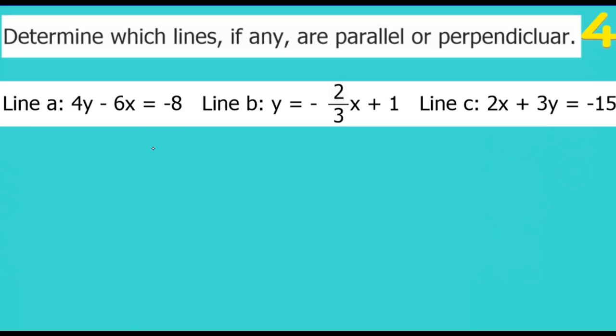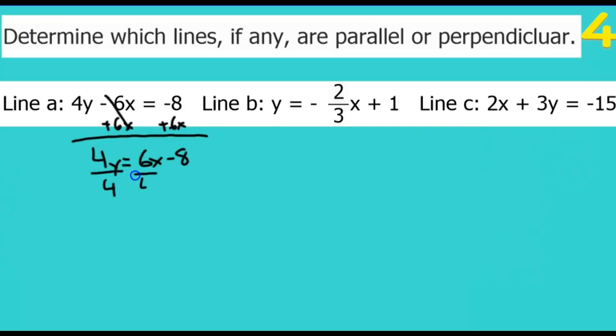Alright, now we need to determine which lines, if any, are parallel or perpendicular. So what we need to find is the slope. This first one is not in slope-intercept form, so I'm going to add 6x to get it to the other side. So we get 4y equals 6x minus 8.